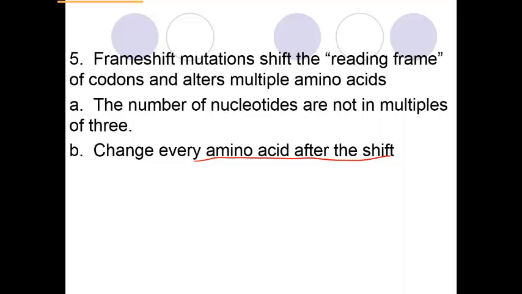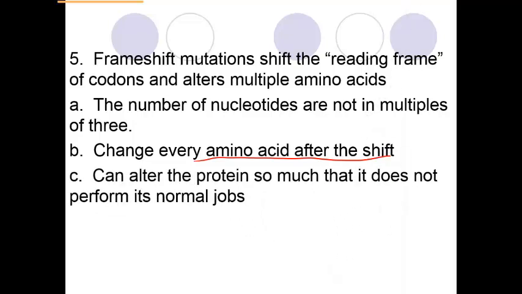Wherever the mistake is, every amino acid after that could be affected. These frameshift mutations can actually alter your protein so much that it can't perform its job at all. And so you might have a deficiency with that particular protein just because it's so altered and so changed, and proteins do their job based on their shape.